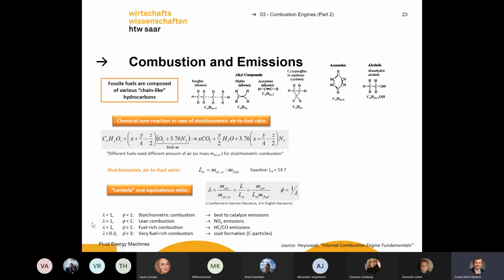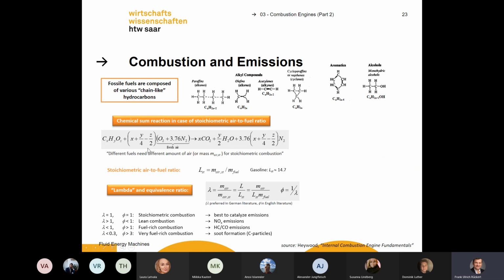Okay, here's also another number we already mentioned. It's the lambda value, and of course you calculate the value of lambda depending on the stoichiometry of your chemistry. But this chemical formula is what we call a lumping formula.